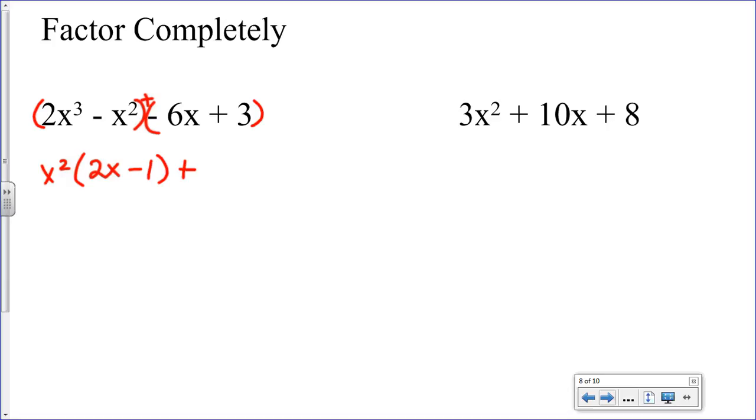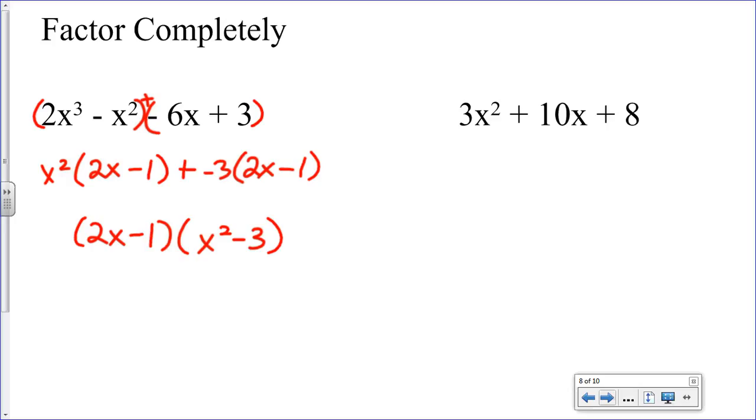I want positive, negative, and this one is negative, positive. So negative 3, which will give me my 2x minus 1. Now what's the common factor? 2x minus 1. And I'm left with minus 3.